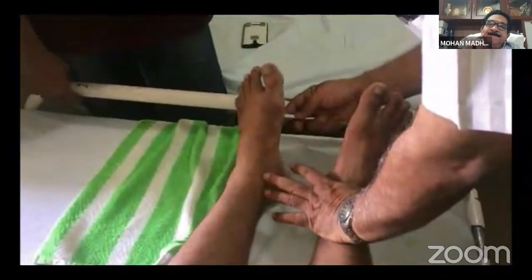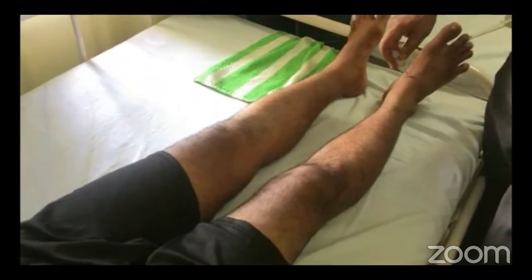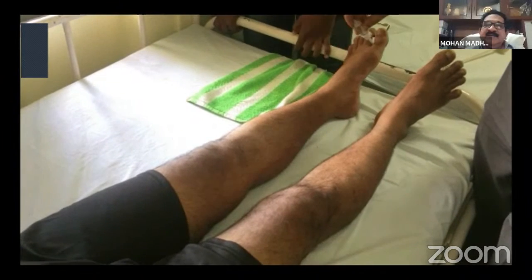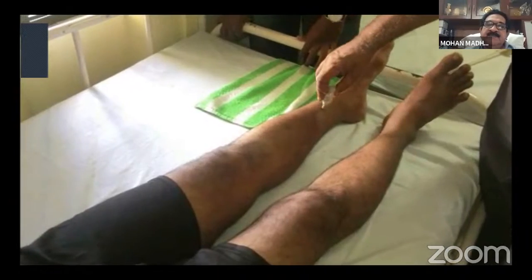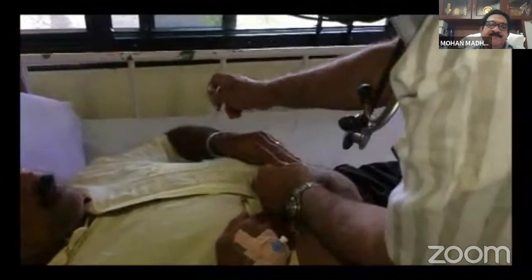Plantar was flexor. Very sensitive. Upper limb sensations are all normal.